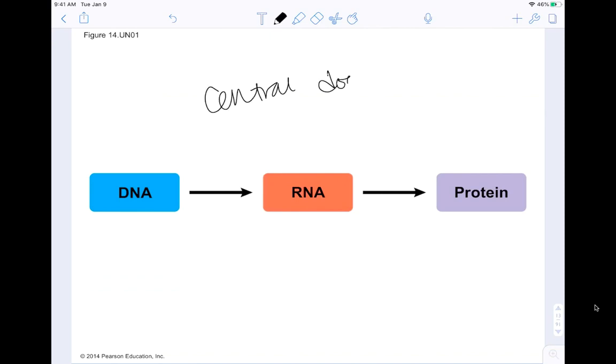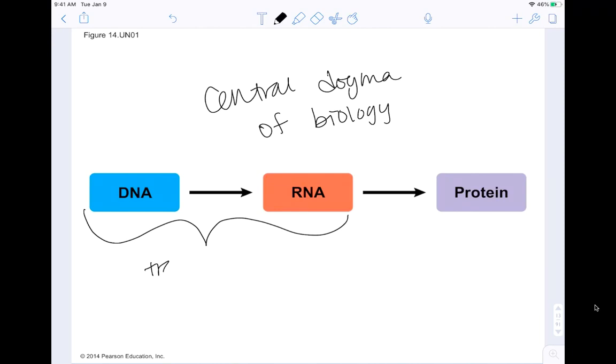Central dogma of biology. This is it right here. So I'm just going to illustrate a little bit on here for you that DNA to RNA is a process that we call transcription. And of course, if we're dealing with DNA, it occurs in the nucleus.